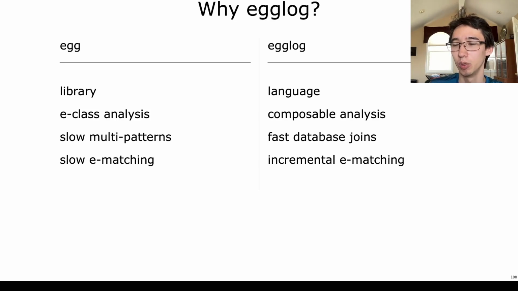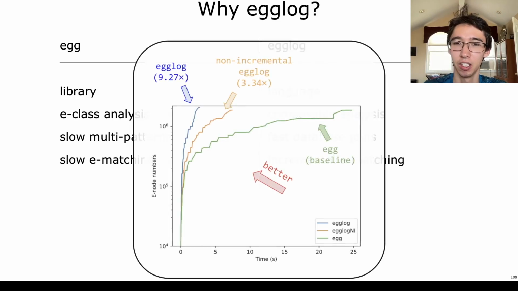In Egglog, we've inherited this database technique called semi-naive evaluation, and that allows us to do incremental e-matching. You can see here on a micro benchmark, we get a 3x speed up from Egglog without this incremental optimization, and then a 9x speed up over Egg with it. So it makes a big difference.